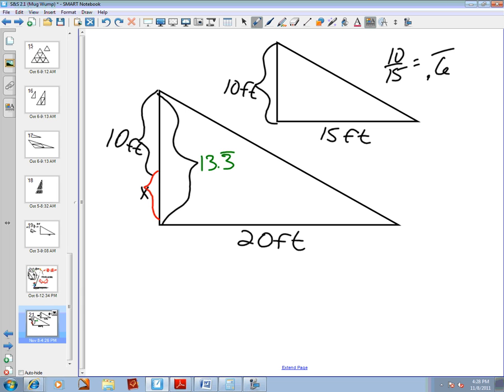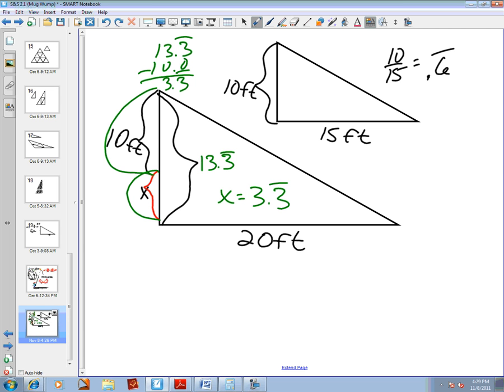I only want to know this much right here, the x. So what would you do? Yeah, we know that this is 10. I don't want the 10. I just want that little leftover spot. So I know that x equals 13.3 repeated minus 10 equals 3.3 repeated feet. Don't forget the feet.